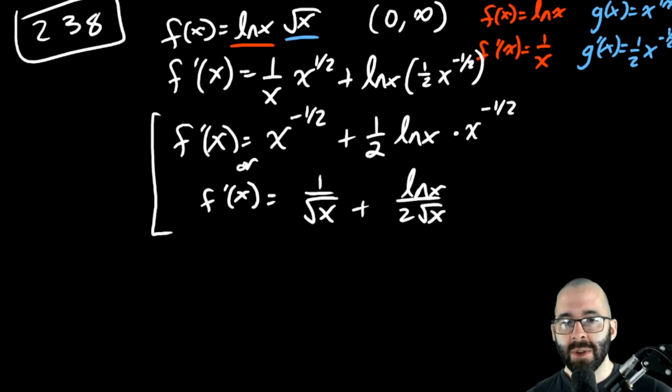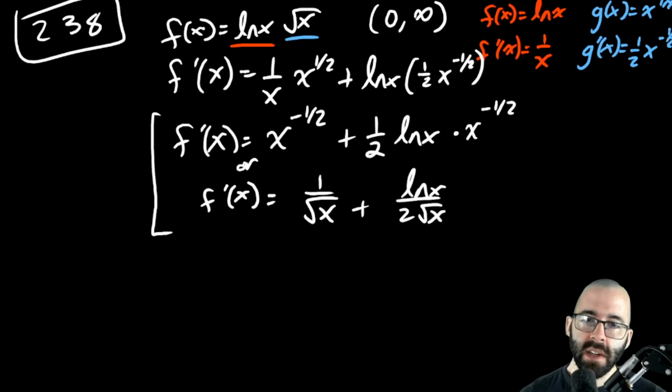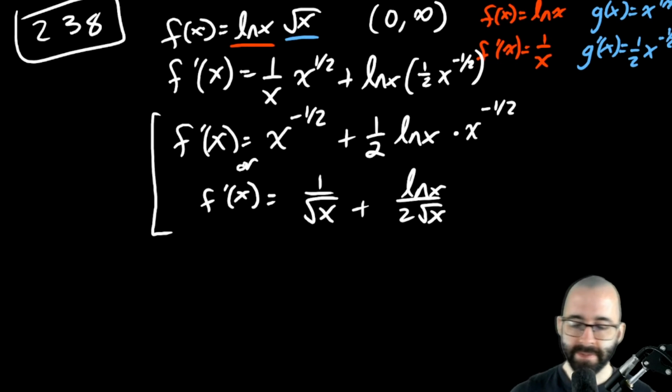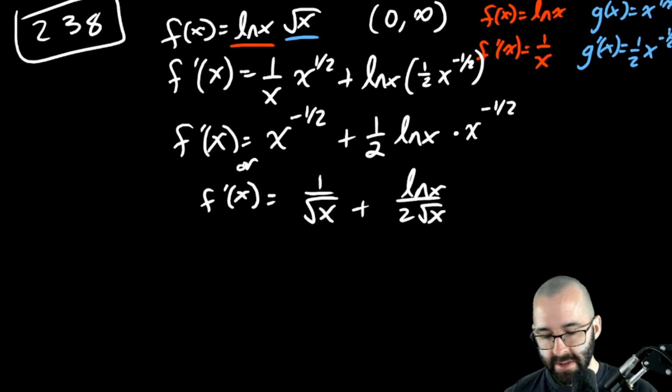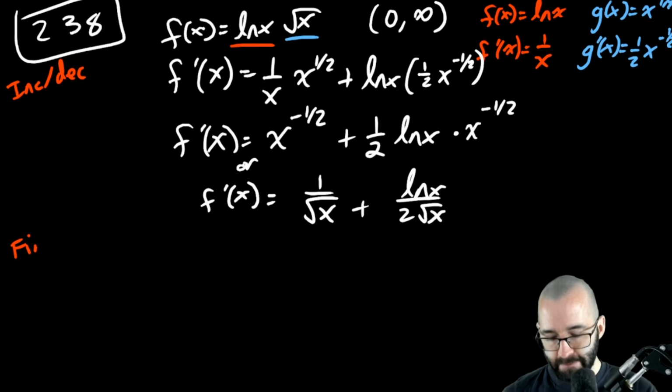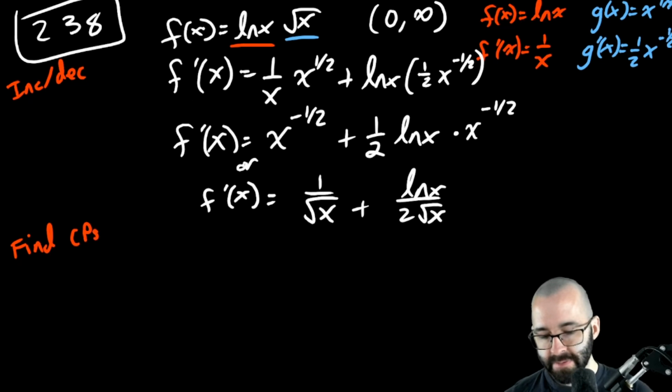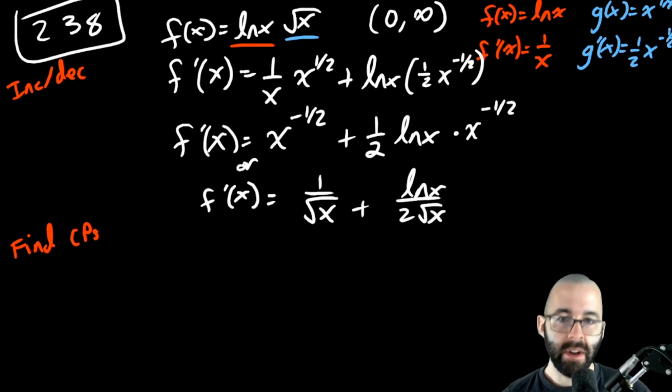So where is this increasing and decreasing? We have to use the quotient rule. Whoa, no. We're going to find critical points. All right, so we're curious about increasing and decreasing. Now let's find the critical points. Critical points are when the derivative equals 0 or is undefined.